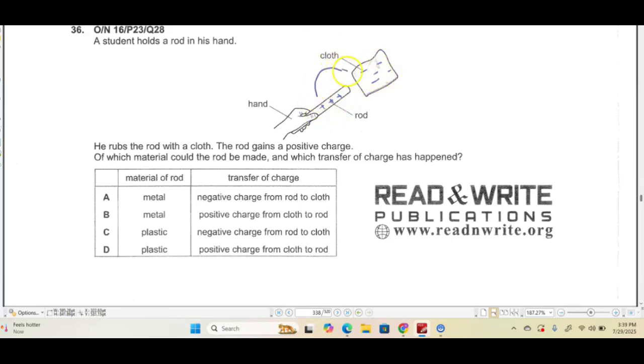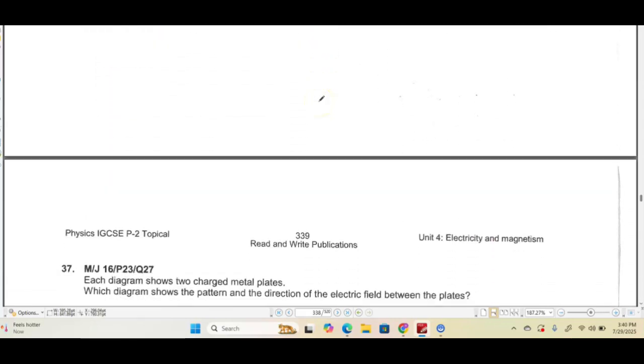The electrons have moved from the rod to the cloth, and the material of the rod can't be a conductor, because whenever this charge is induced, the material of the rod is always some kind of an insulator. So it could be plastic, glass, or any other thing other than a conductor. And the transfer of the charge, negative charge from the rod to the cloth. Yes, this is the correct answer. I've just shown that to you. 36 का answer is C.